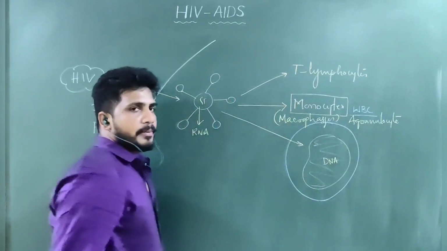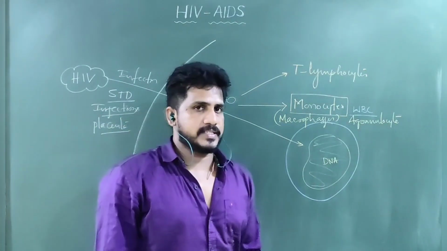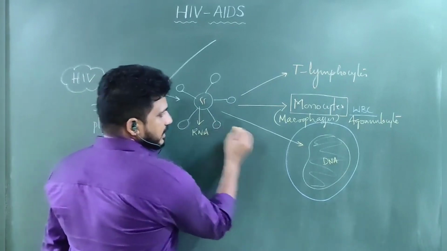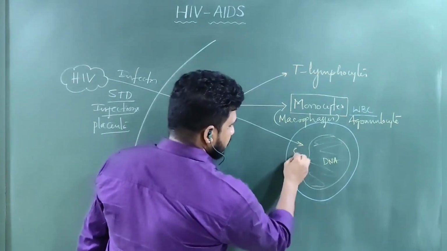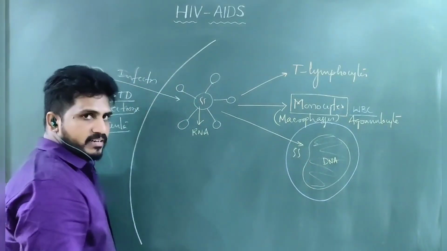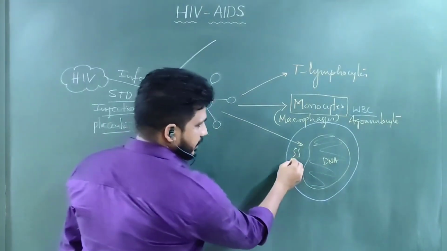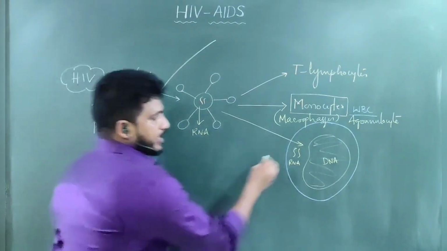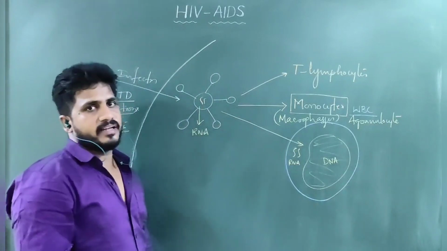which generally provide immunity in our body by phagocytosis. So when this RNA virus enters inside, it releases the genome. The entire virus does not enter, only the genome is released. This is RNA. This RNA cannot incorporate with the DNA. Why?